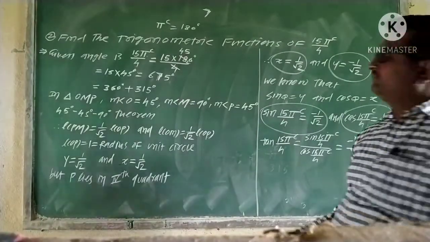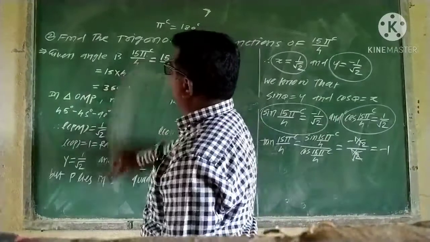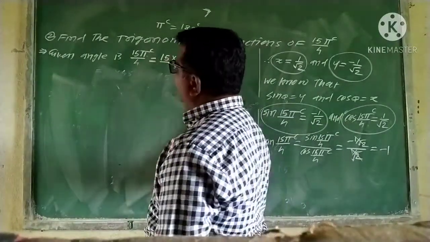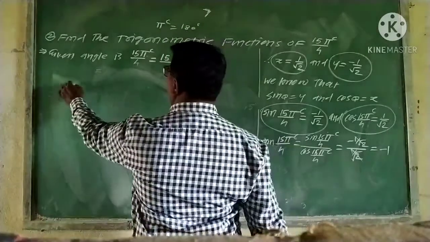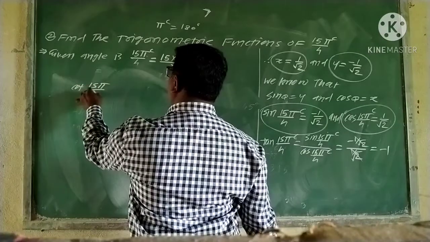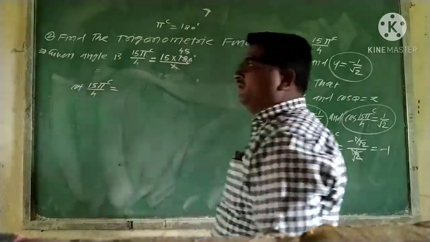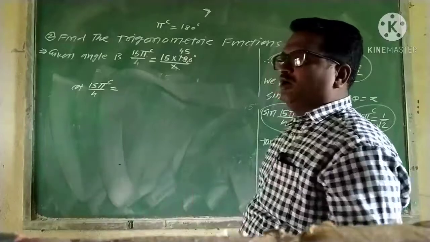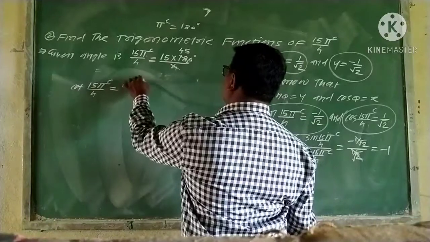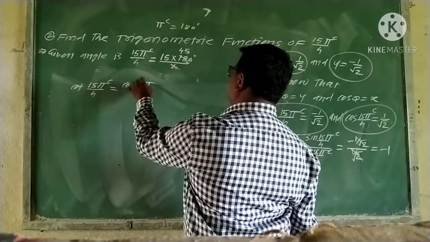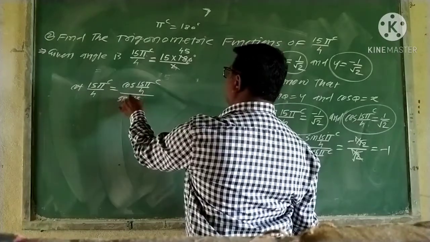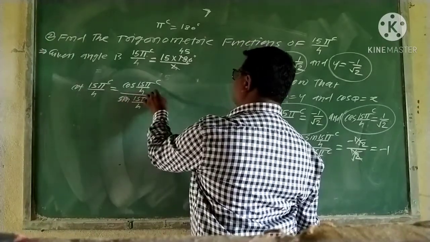Next, cot of 15 pi divided by 4 radian. We know that cot theta equals cos theta divided by sine theta, so this is cos of 15 pi divided by 4 radian divided by sine of 15 pi divided by 4 radian.